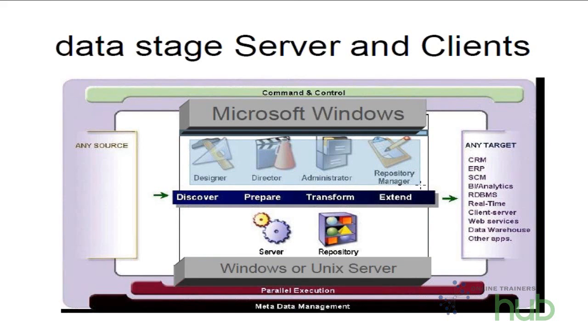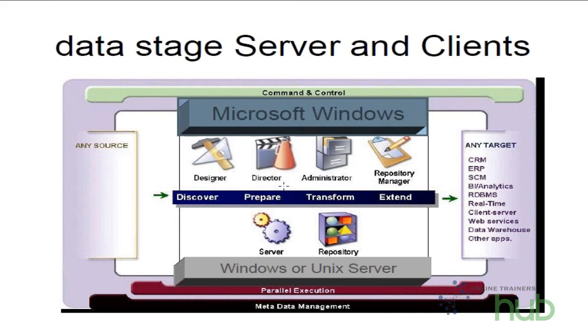We also have one more client, which we call the Admin Console, which is a web-based client and is not listed in this particular architecture. Each client has its own capabilities. Out of the many graphical user interface clients, we are going to focus on the Designer, which we use to build DataStage jobs. That is where we are going to spend a lot of time.